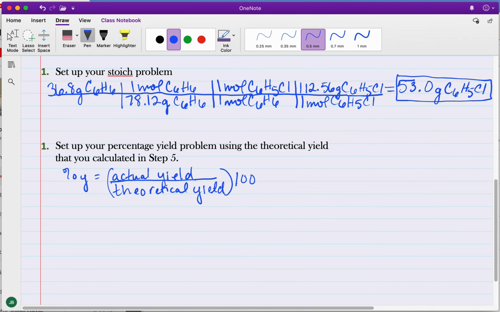But if your actual yield is smaller than your theoretical, remember, theoretical is the maximum amount that you can make from your reaction and the amount of reactants that you have, and the actual yield is what is the reality, what is actually made due to losses for one reason or another.